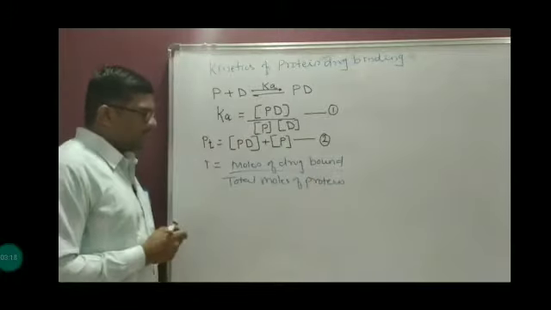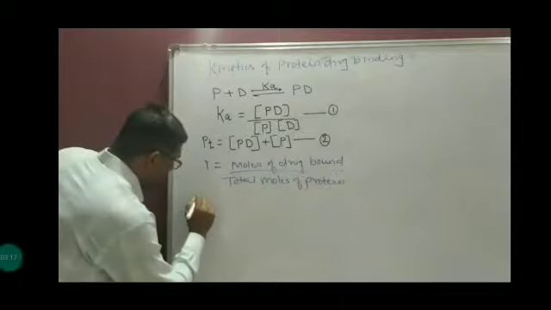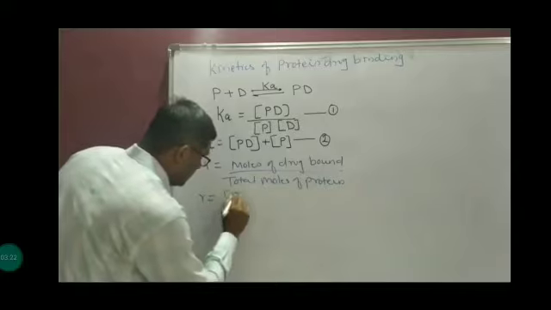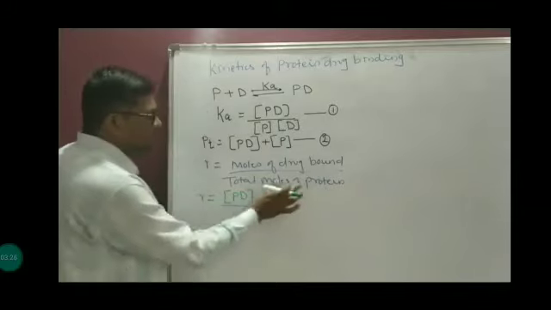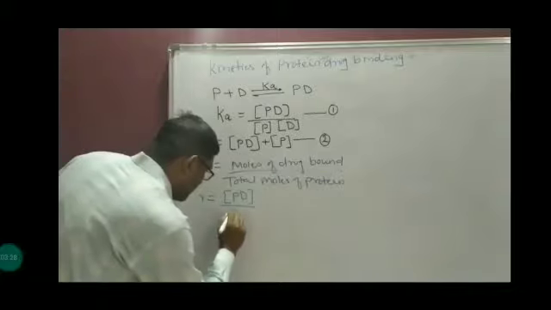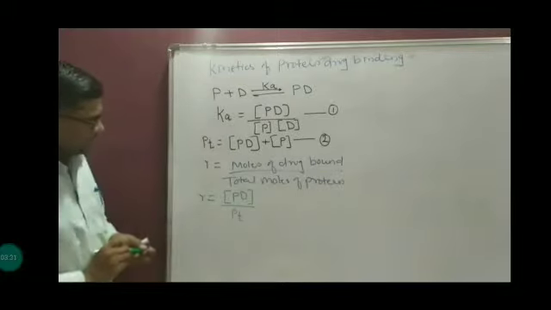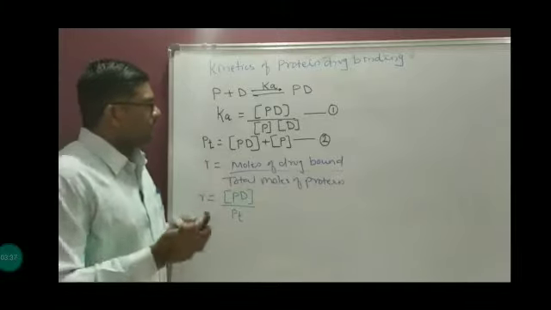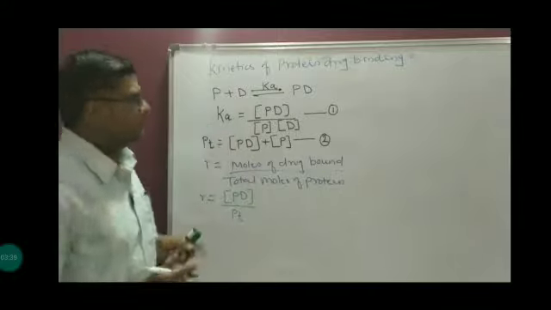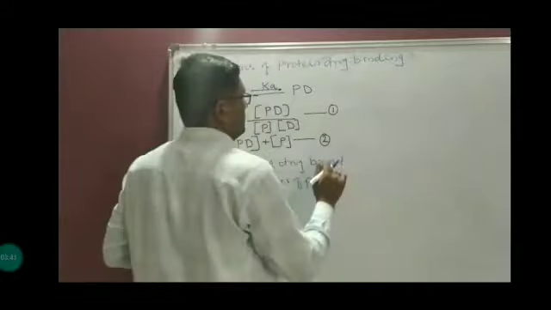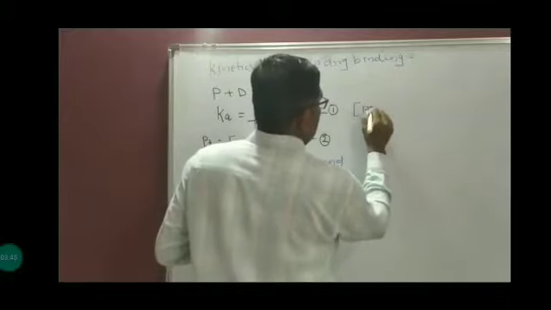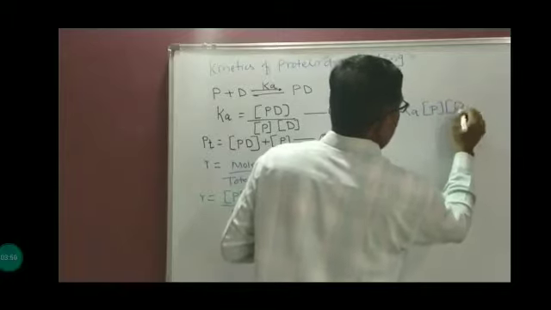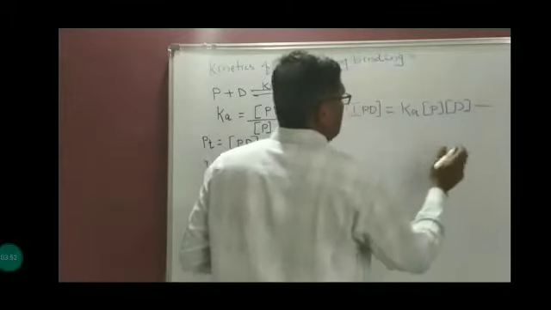So R is equal to the moles of drug bound, that is PD, divided by the total moles of protein, that is PT. Now we are substituting the values. When we have to remove the total protein using the law of mass action, PD is equal to Ka into the free protein concentration and drug concentration. Consider it as equation 4.